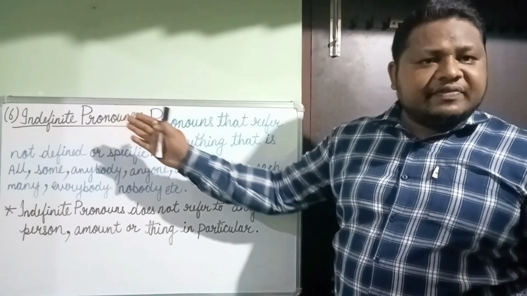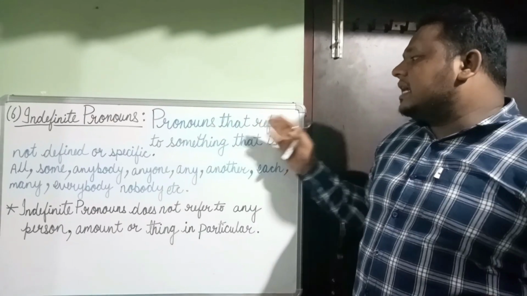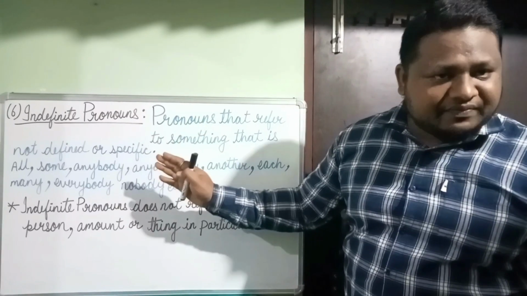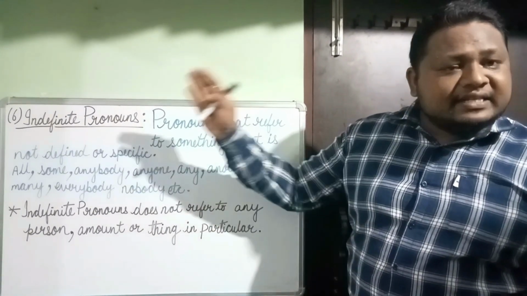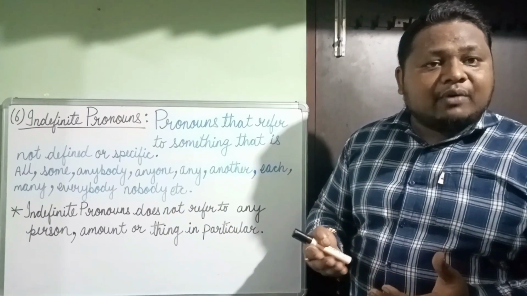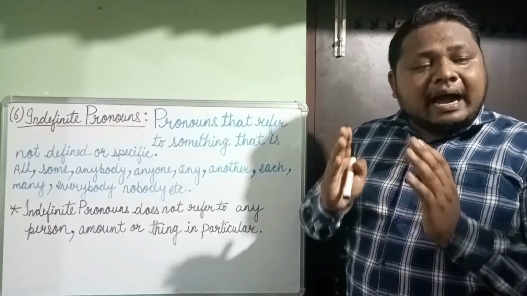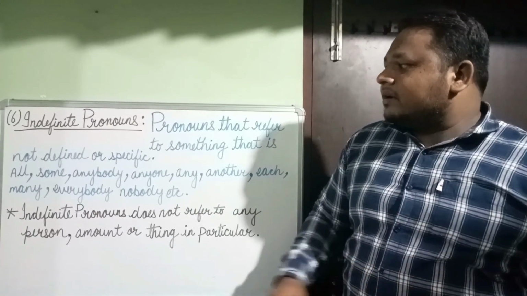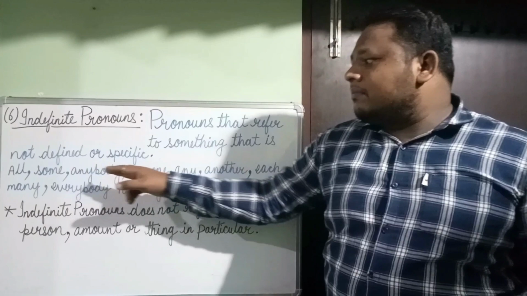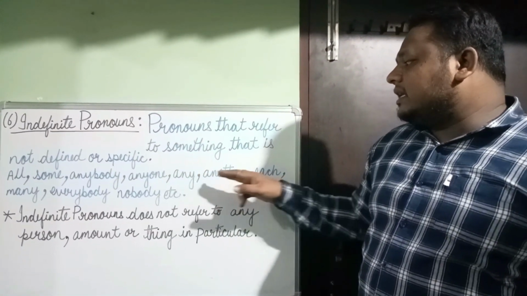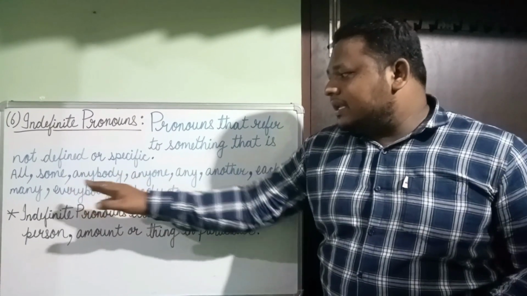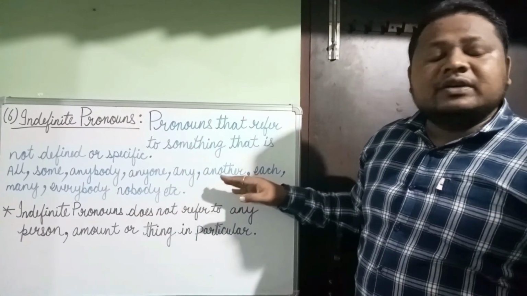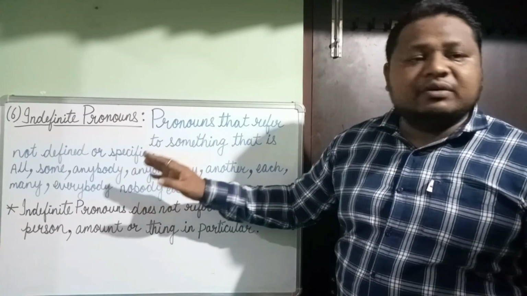Number 6. Indefinite pronouns. Pronouns that refer to something that is not defined or specific. So, in indefinite pronouns, we are going to deal with such pronouns whose amount, thing, or value is not fixed. For example, all, some, anybody, anyone, any, another, each, many, everybody, nobody, etc. These are some words which will be used as indefinite pronouns.